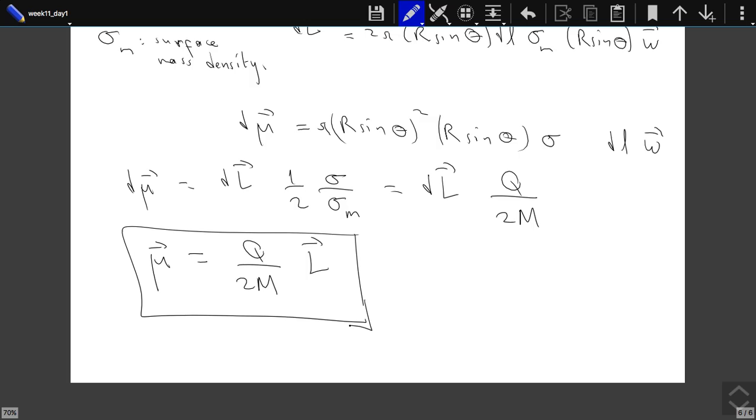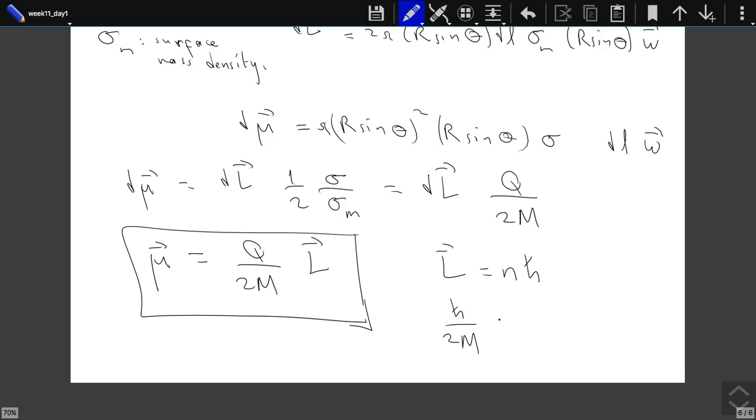And this relation you will also use in quantum mechanics when you are studying the hydrogen atom. The electron is orbiting the nuclei, it has an angular momentum, and it has a corresponding magnetic dipole moment given by this expression. And L in that case, the angular momentum, will be some integer multiple of h bar.